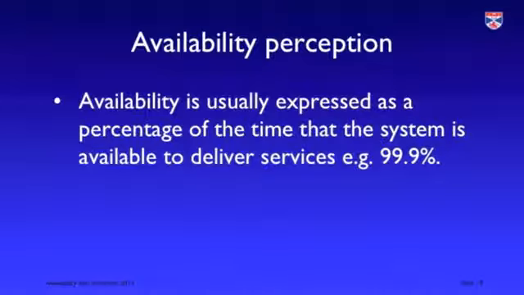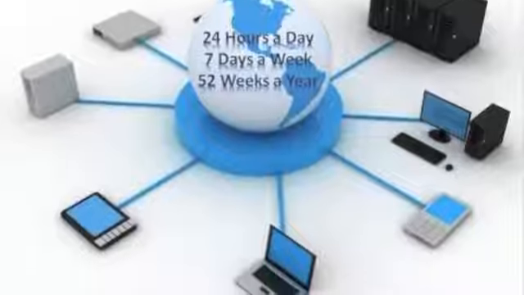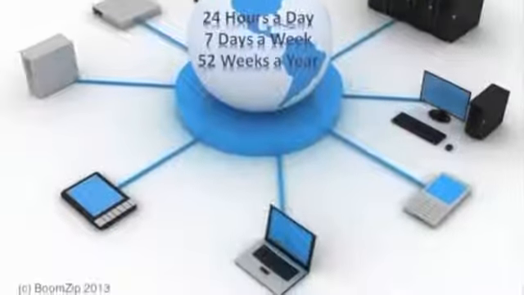We normally express availability as a percentage. And availability is particularly important in a world of web-based systems where people may access them at any time of the day or night or any day of the week. The problem, however, with expressing availability as a percentage is that it can be misleading.